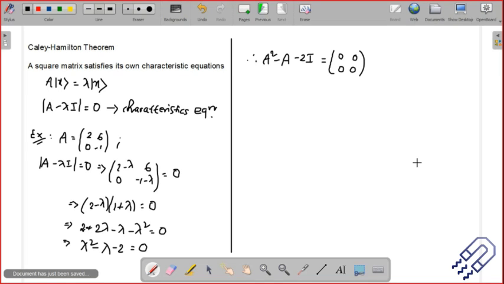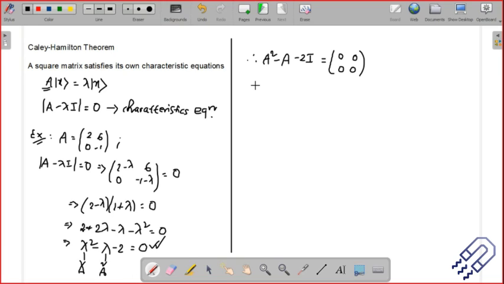This should be satisfied, and if it is, we say the Cayley-Hamilton theorem is satisfied. So a square matrix satisfies its own characteristic equation. This is a square matrix, and this is its characteristic equation, and if we put A in place of lambda, it should satisfy the equation. That's the theorem. But if we do a sum, it becomes much easier.